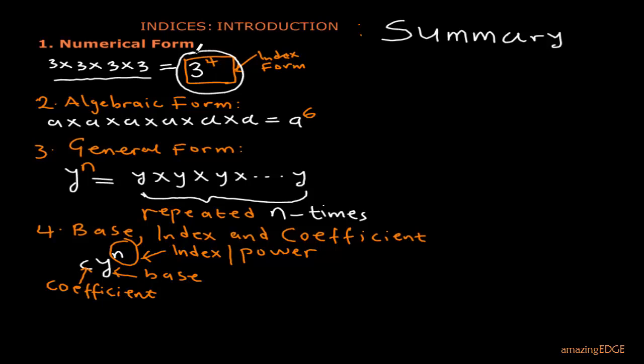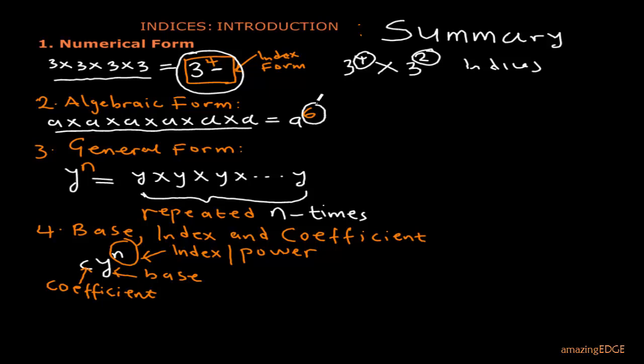And if there is more than one power, supposing we have 3 raised to power 4 times 3 raised to power 2, you look at this power and look at this power. So we talk about indices or powers. Indices is the plural of index. In the algebraic form, we have this value a multiplying itself repeatedly 6 times. So this could be written as a raised to power 6.